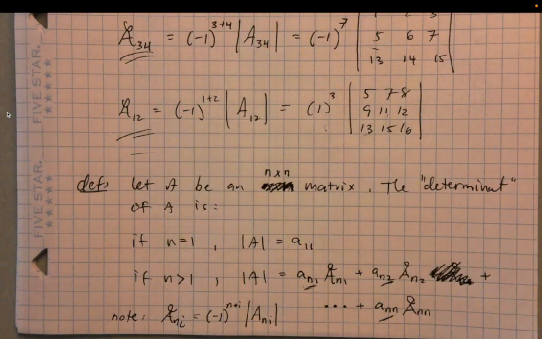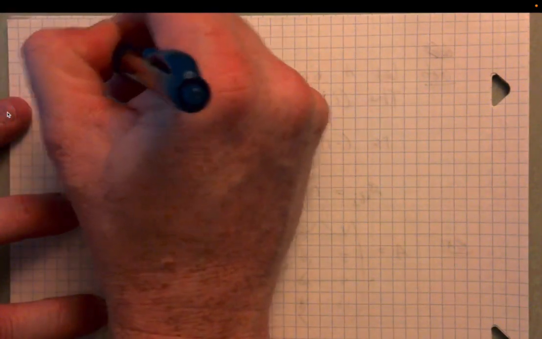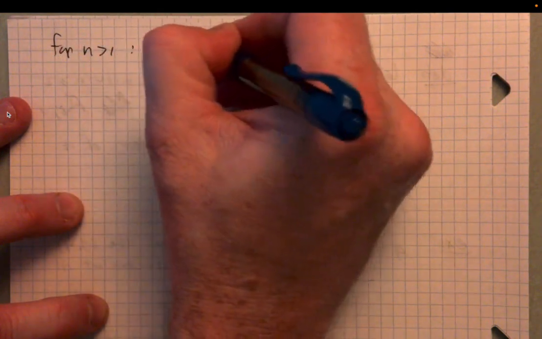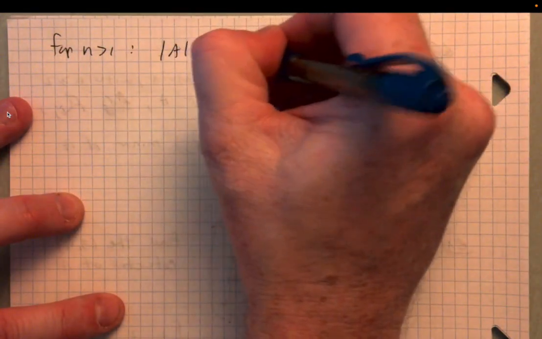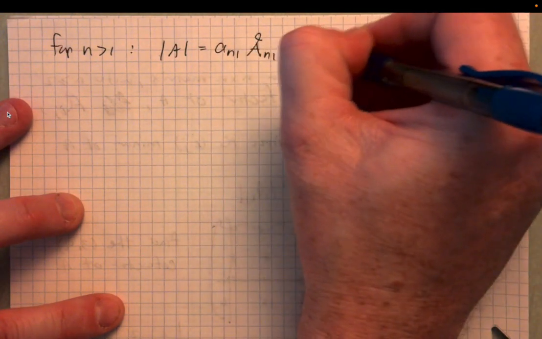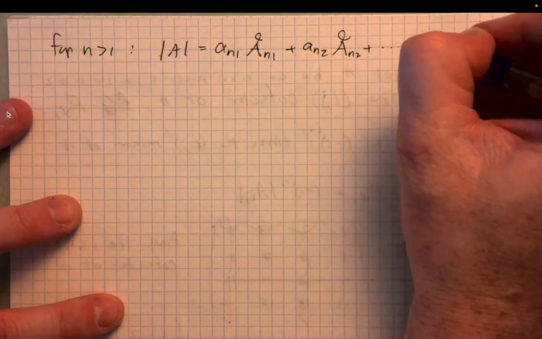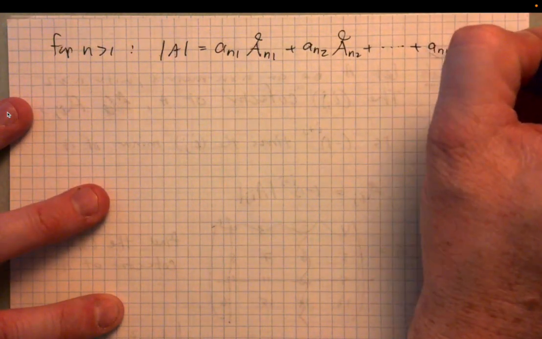Okay. All right. Let's do an example. I'm going to rewrite the definition here, or at least the n greater than 1 portion of the definition, just for reference. So for n greater than 1, the determinant of A is equal to a_n1 times A_n1 plus a_n2 times A_n2 plus dot dot dot plus a_nn times A_nn.